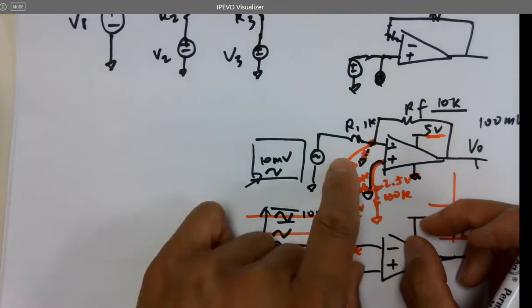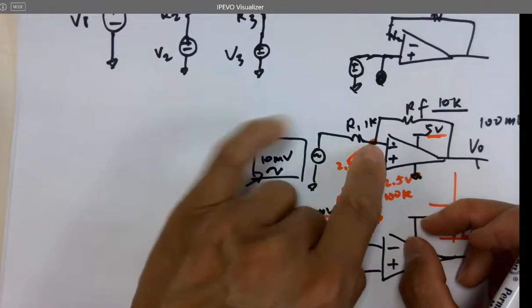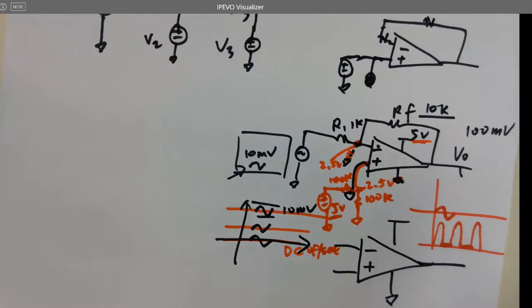And now I can lift it. Why? Because the AC signal is feeding into here, and this voltage is feeding into the same node. It's like two sources contributing to one node, and they add to each other, or we can say they superimpose on each other. Now comes the superposition. You short one, the AC voltage, you short the other, the DC voltage.